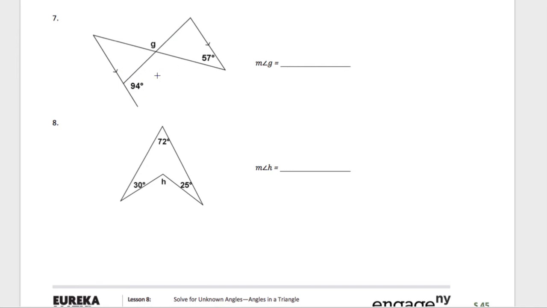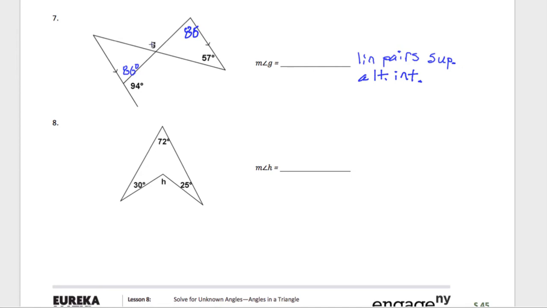This angle is going to be 86 degrees because linear pairs are supplementary. Linear pairs supplementary. I guess I just need one P. And then from that I know that this is 86 degrees because again it's the inside of that Z, which is alternate interior. Alternate interior.